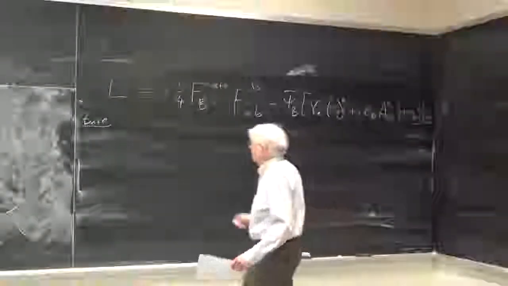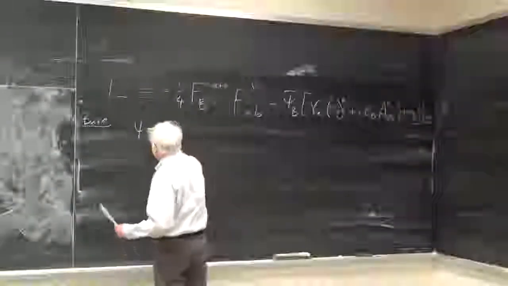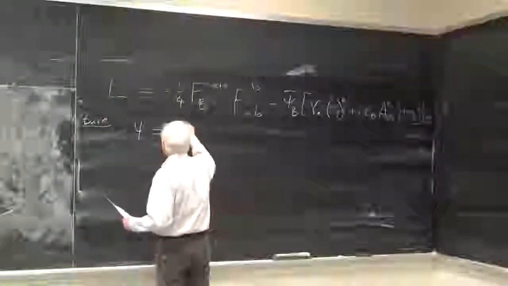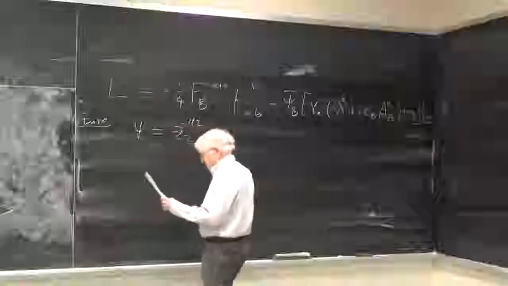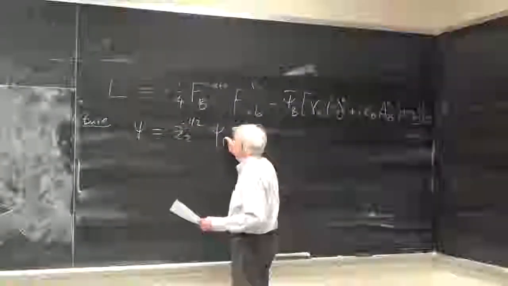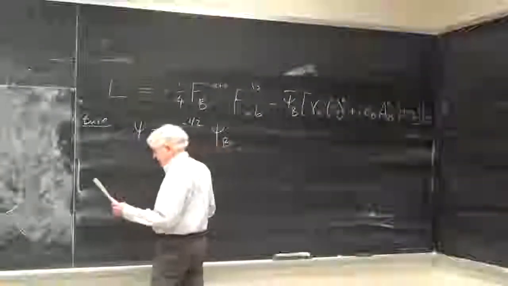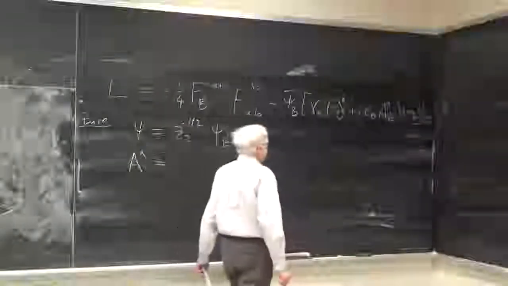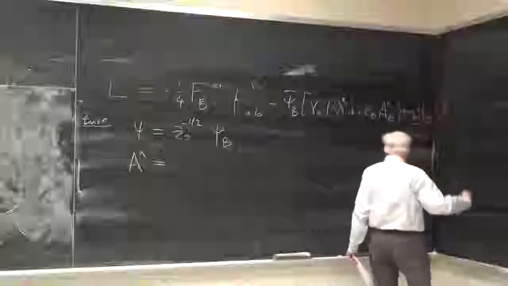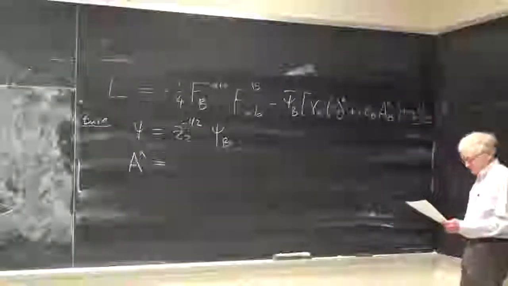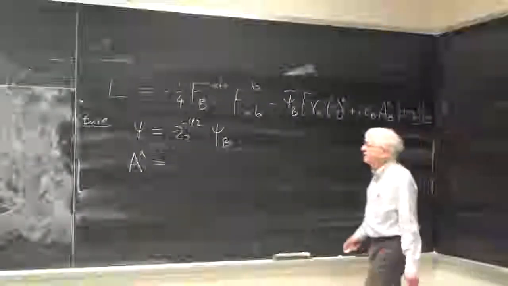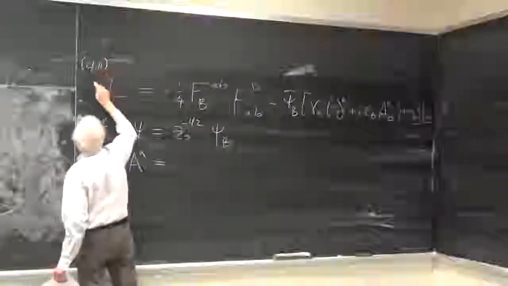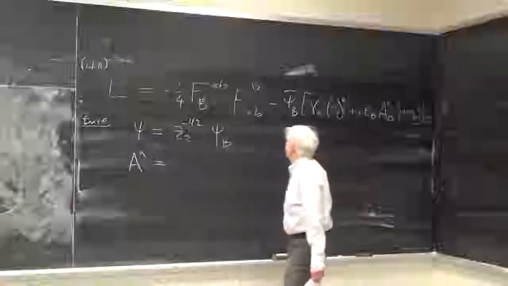Okay, let's look at the human field psi. This we're going to conventionally write as Z2 to the minus 1/2 psi bar. I've uploaded this to the website, so it's part of the class notes, section 4.11, if you want to look for it.